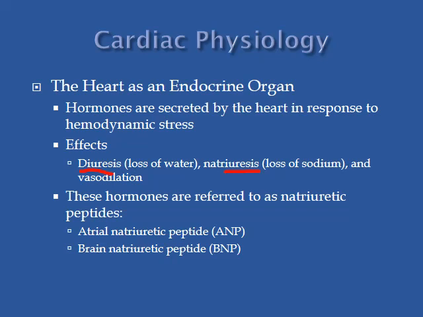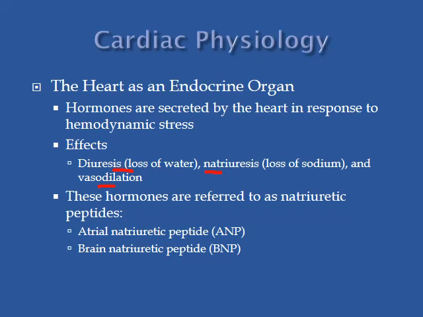And then they also vasodilate those arterioles to help lower that pressure. So you pee out sodium and vasodilation because of the hormones released by your heart due to that stress.